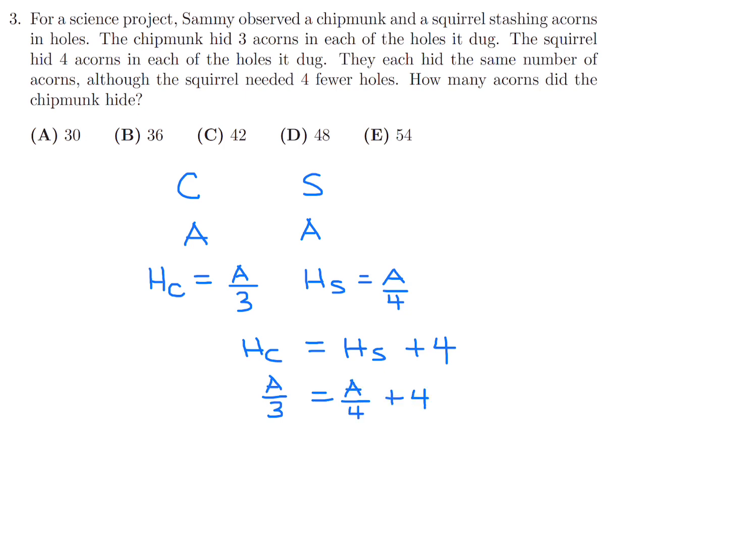So A over 3 minus A over 4 is equal to 4. Common denominator 12, so A over 12 is equal to 4, and therefore A is equal to 48. And that is the number of acorns that the chipmunk hid. So number 3, the answer is D.